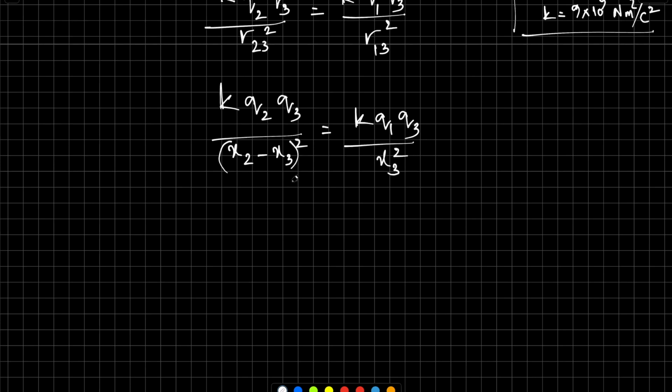Yeah. So we have K on the left side and K on the right side, so we can cancel it out. We have Q3 on the left side, Q3 on the right side, cancel it out. So our equation has been reduced to Q2 over (x2 minus x3) the whole squared equals, K is gone, right?